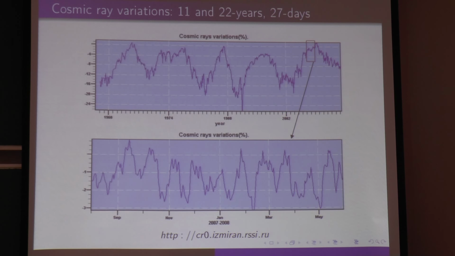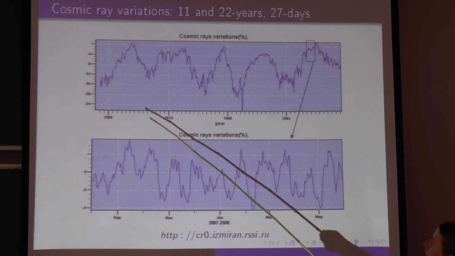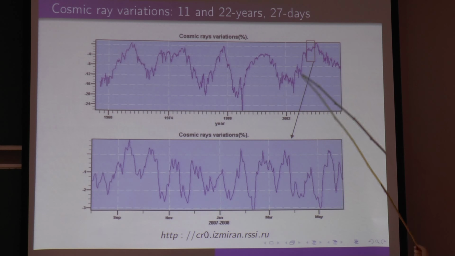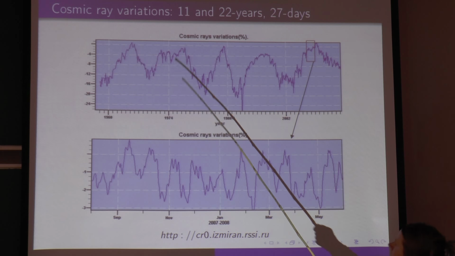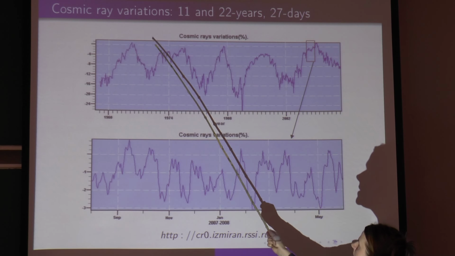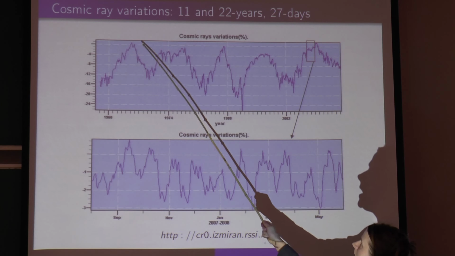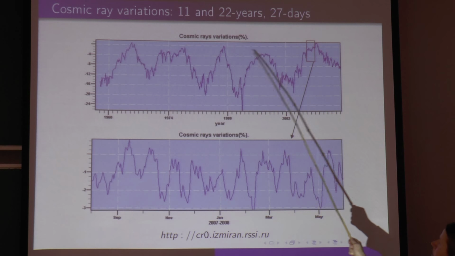I can show you some cosmic ray variations observed by neutron monitors on different scales. Here we can see a very clear 11-year variation of cosmic ray intensity. This is connected with the solar cycle. And we can also see the 22-year solar magnetic cycle dependence with peak and plateau shape.